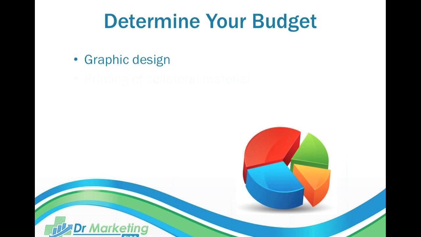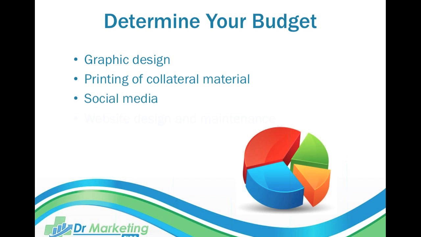Some of the things that you're going to spend some dollars on typically, and what we see is graphic design and the printing of collateral material. It's amazing how quickly printing flyers and posters and things like that can really add up. Social media: with the new Facebook algorithms that we see today, organically it's between 3 and 12% of your fans who are seeing what you're actually posting.